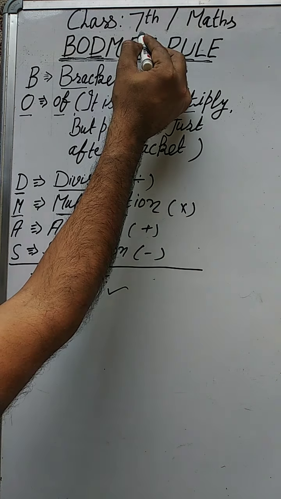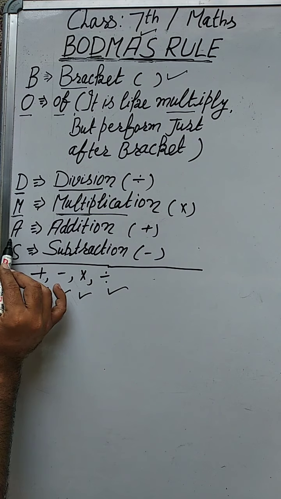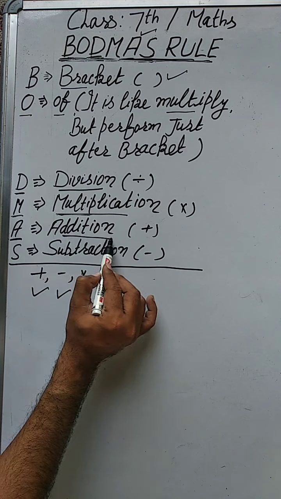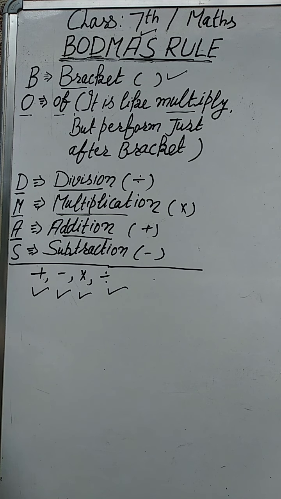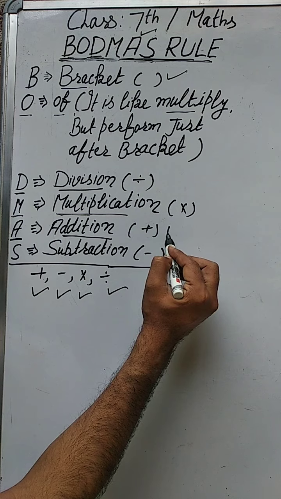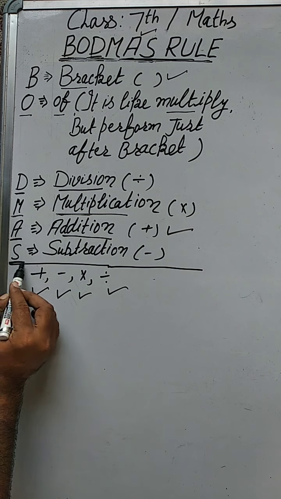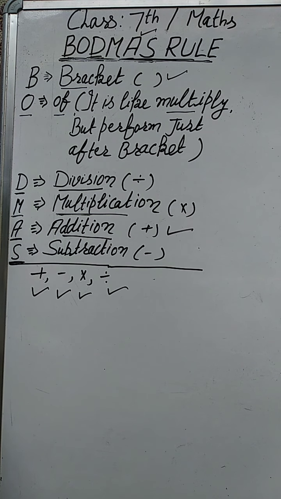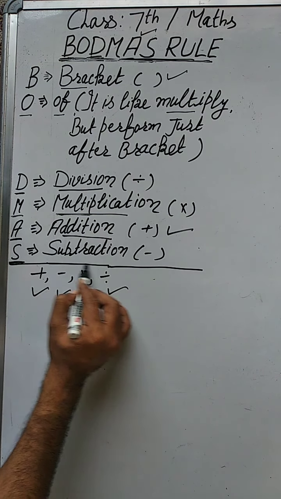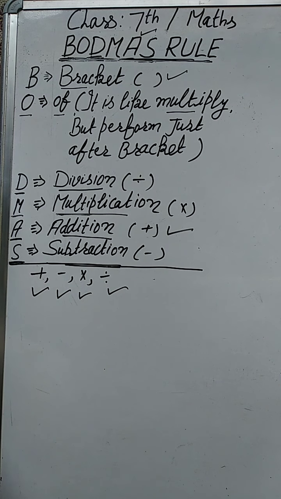And the next letter is A. A stands for addition. So after multiplication, you have to perform addition in your question. And at the end, the last letter is S. At the end, you have to perform subtraction. S stands for subtraction. Understood beta?